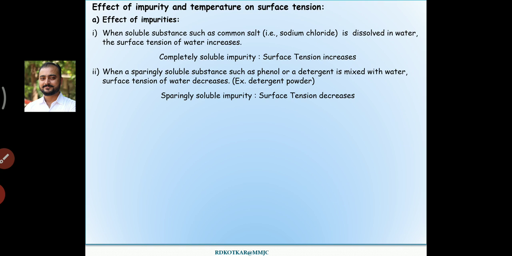So we consider phenol or detergent in that case. You can see the color of that liquid mixture, somewhat milkish. That is known as sparingly soluble. In the case of sparingly soluble impurities, the surface tension always decreases.